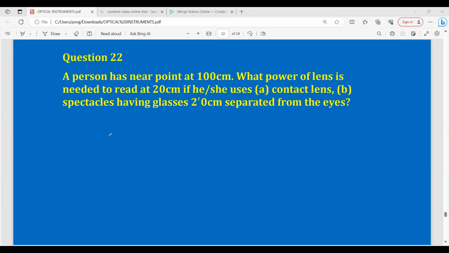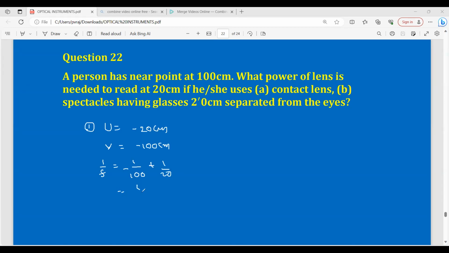Where do we place the object now? At 20 centimeters. So for the first case, u equal to minus 20 centimeters, because the object is placed in front. v equal to, where should the image form? It is seen at 100 centimeters in front, so it is minus 100. So what is the formula for 1 by f then? 1 by minus 100 minus 1 by minus 20, I will write plus here.